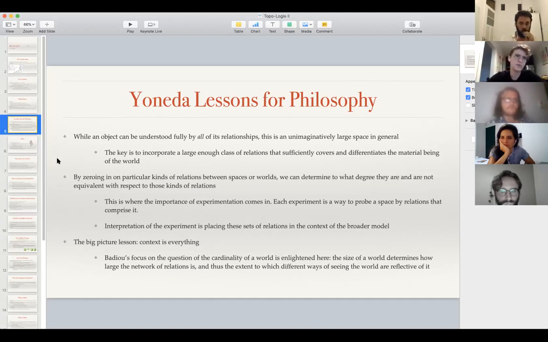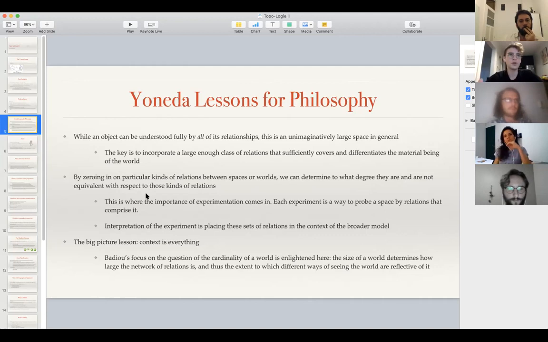But if we want to approximate things and make models of things, you have to incorporate a large enough class of these relationships that do two things. They have to cover the space, meaning we have to have enough of them and enough quantity of them, but they also have to differentiate. In the space of value, for example, we want to look at relationships that differentiate the material being of the things that we're concerned about.